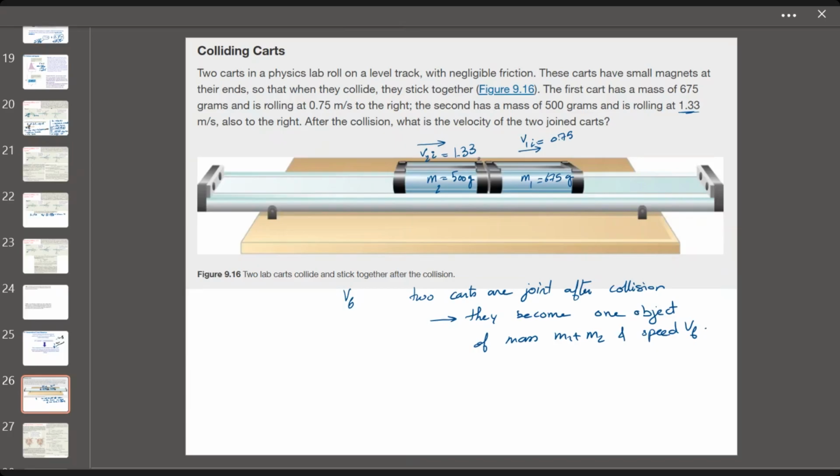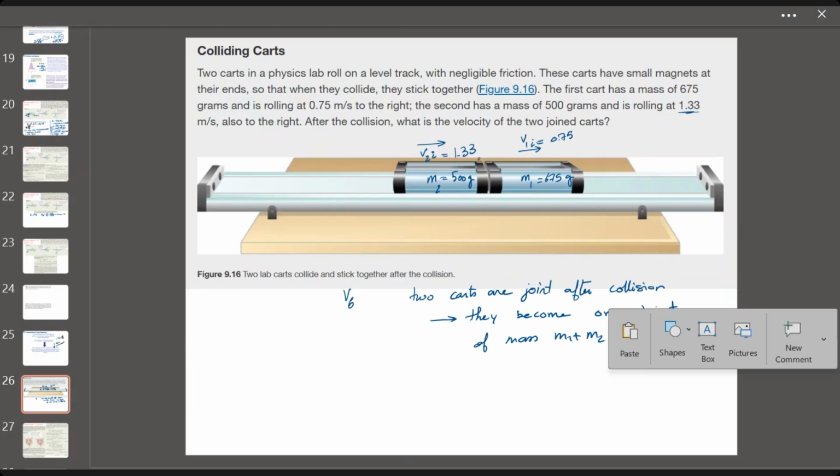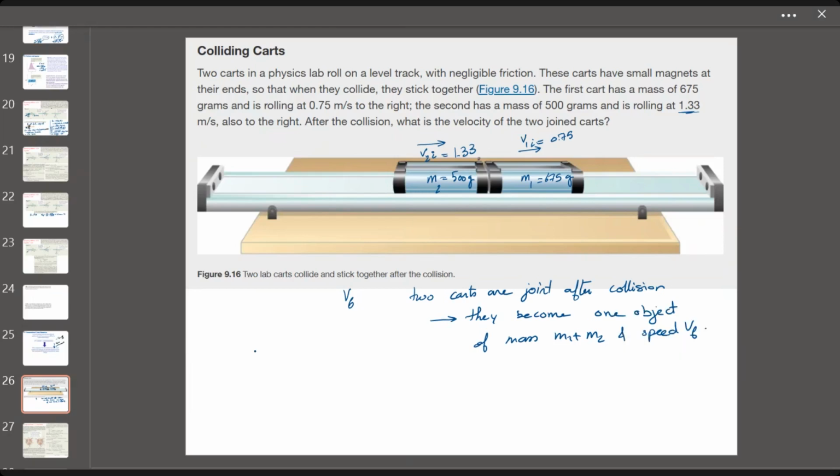Both of these are one object now. So the rest is really easy. I'm going to work with the conservation of linear momentum. I'll put P initial equals P final. This is the law of conservation because P is constant.